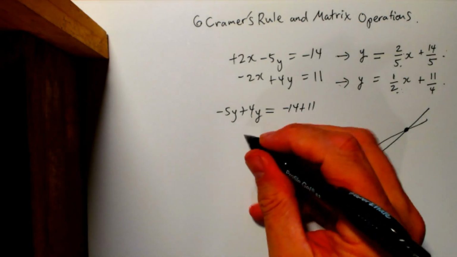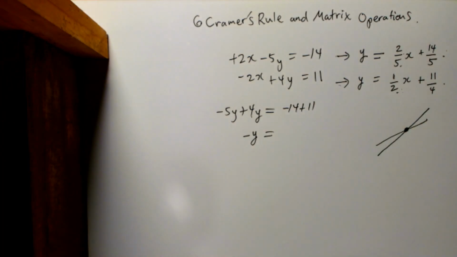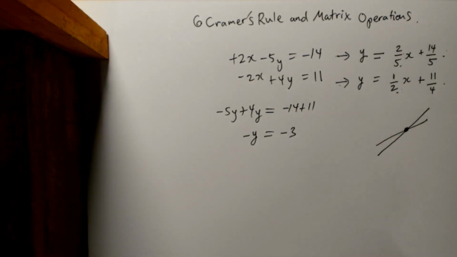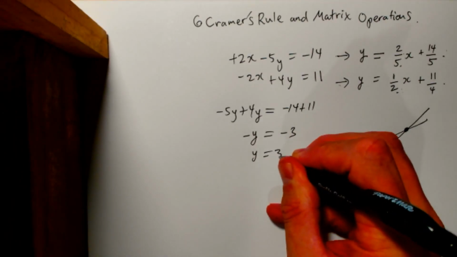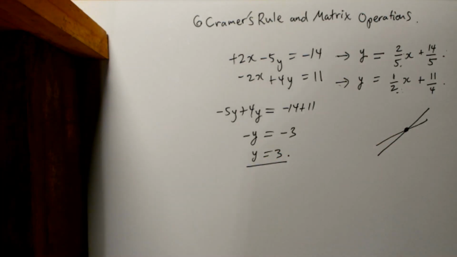And that says, once we simplify, minus y is equal to 11 minus 14, which is minus 3. And so multiplying both sides by minus 1 gives y is equal to 3. Okay, so we've got one of those.